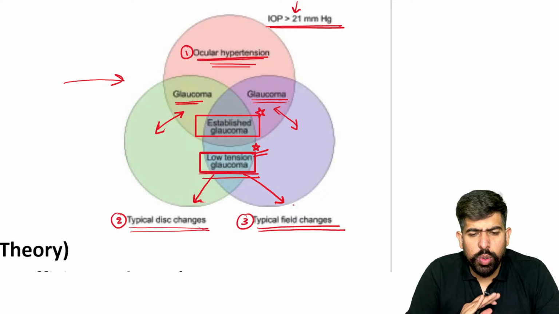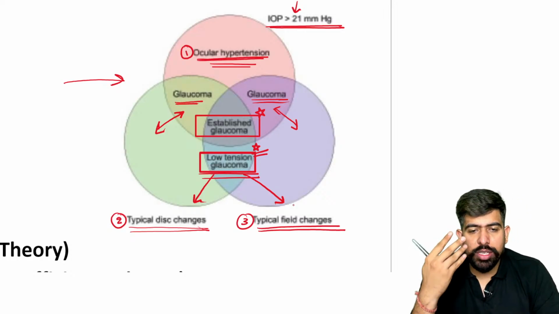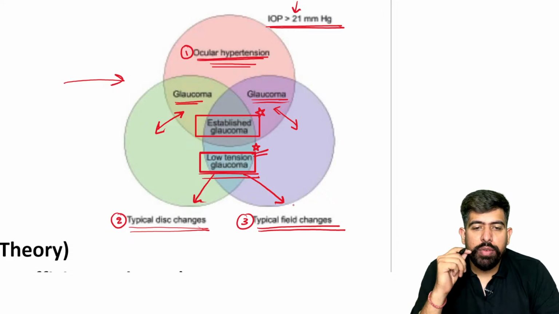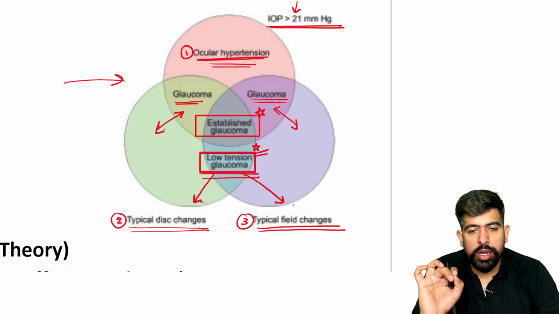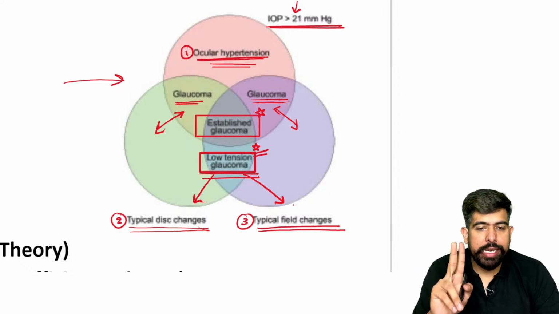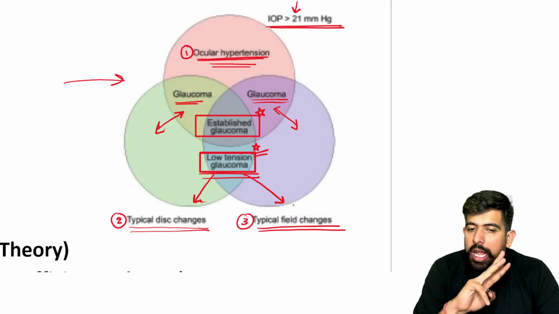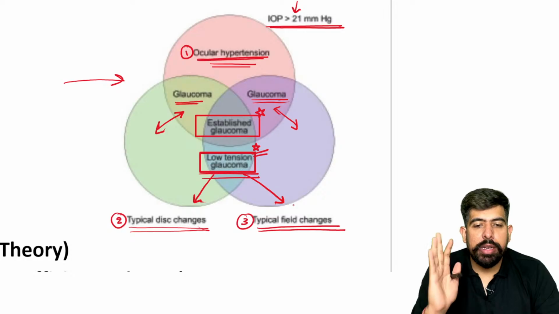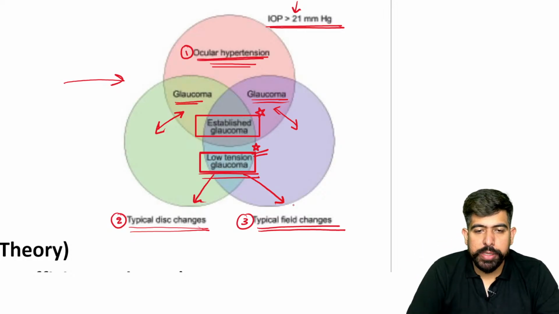So I think it is totally clear to you. There are three features we have to talk about. What are those three? First, ocular hypertension; second, typical disc changes; and third, typical visual field changes. If all three are there, it is established glaucoma, and we understand that it is glaucoma 100%.